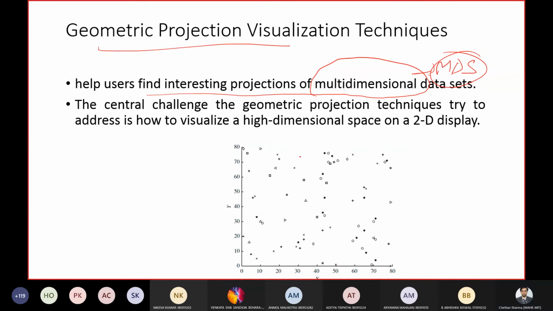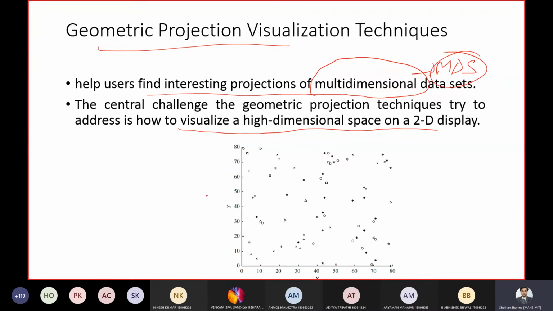So what is the central challenge? It's how to visualize high-dimensional data on a 2D display. So this is what you are trying to achieve using your geometric projection.